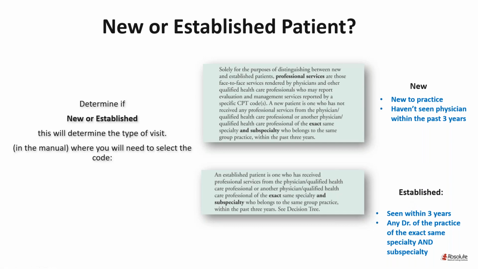So that's a patient that was seen within 3 years by their doctor, or any other doctor of the practice of the exact same specialty and subspecialty. So here is where you can find that guidance.